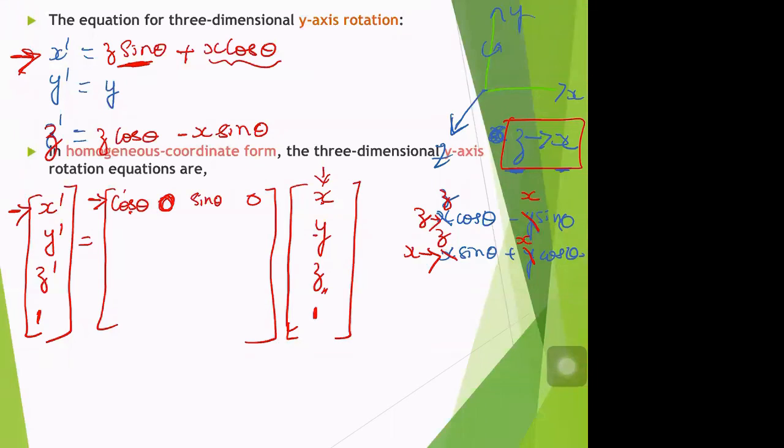Now, what about y? The y term remains constant. So y comes here, in my second part. So I'll put 0 first, only I can use this.